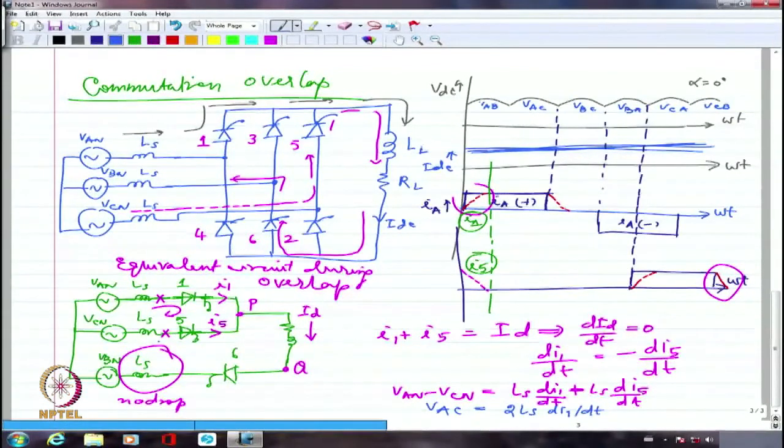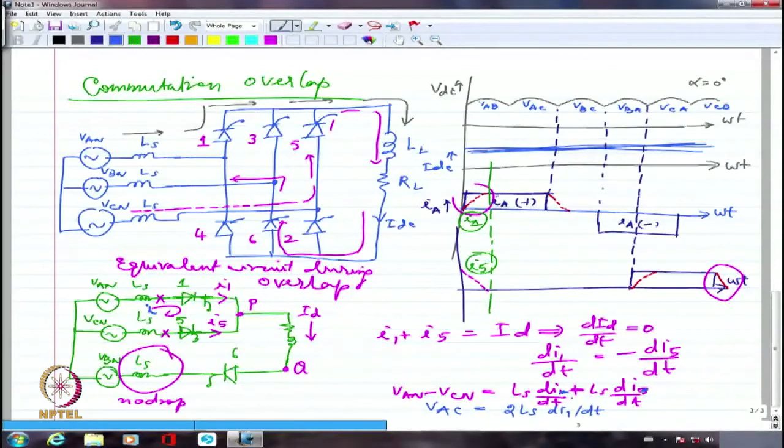I am writing for some general current I, so I should write this as I and this also as I. So it should have been minus. This is the general current I, with Kirchhoff's laws that I am talking about. So LS into di by dt, let that be I1.